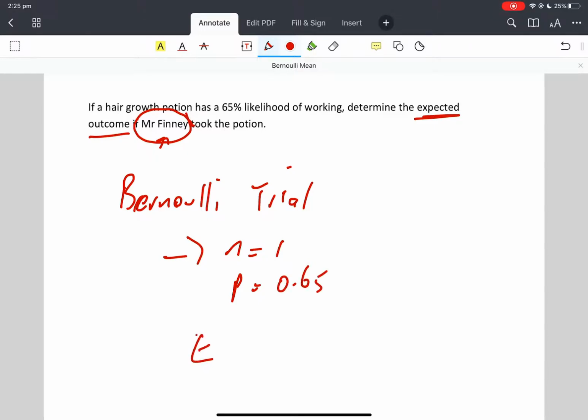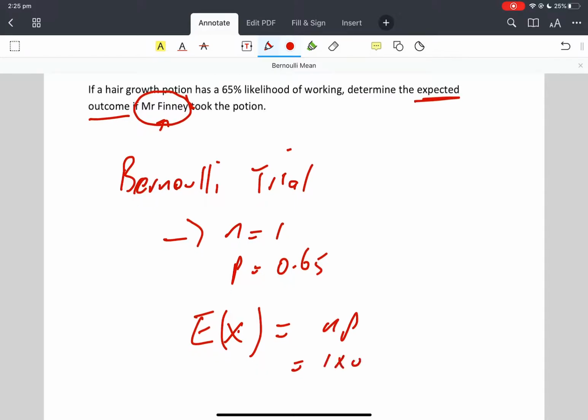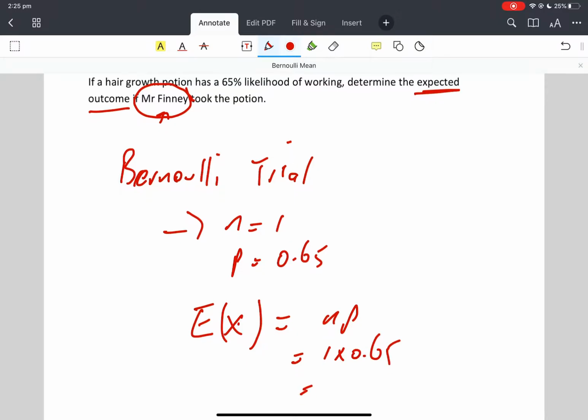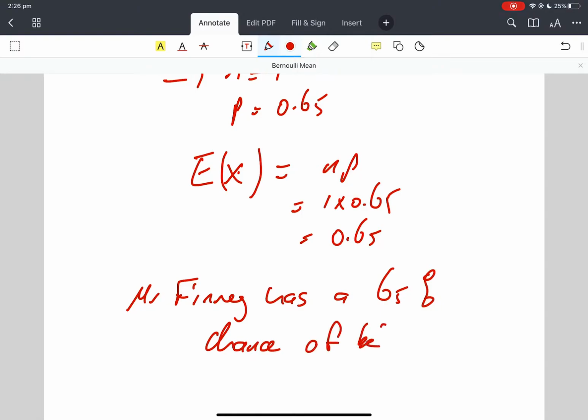So the expected value for X equals np, which is 1 times 0.65, 0.65. So I guess it's a worded question. So you'd say, Mr. Finney has a 65% chance of being hairy.